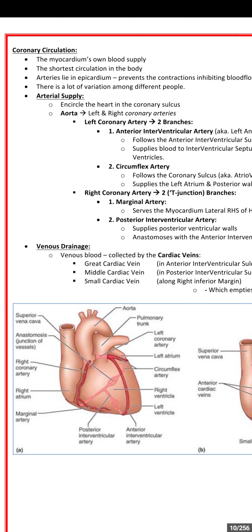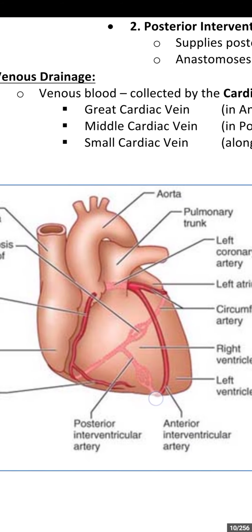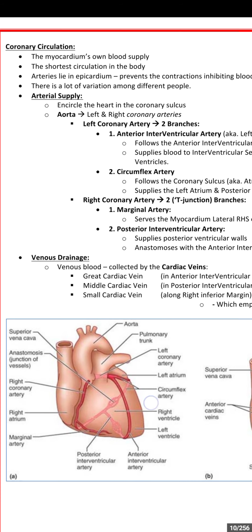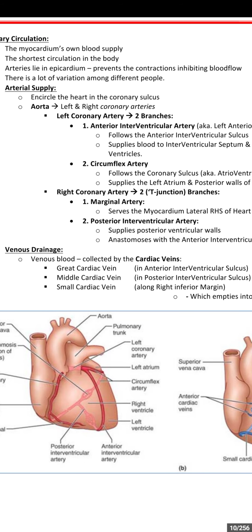There is a lot of variation among different people. This circulation is different among different people, so it can cause different changes in the circulation of blood supply to the muscle.